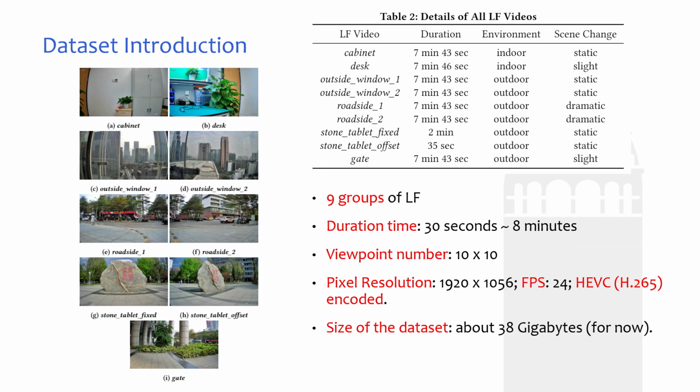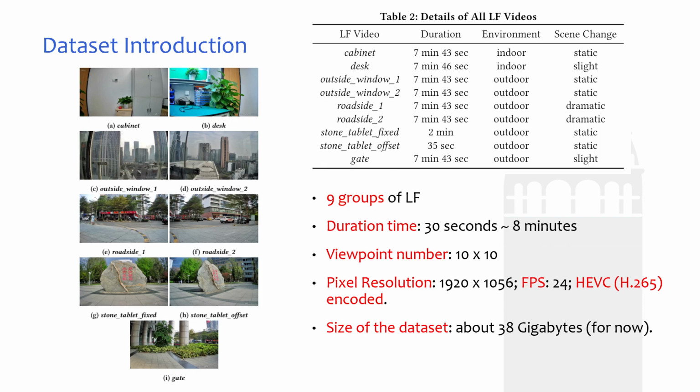The objects in the indoor videos include potted plants, furniture, and scenery outside the window. The objects of the outdoor videos include a stone tablet on the square, pedestrians and vehicles on the road. The shooting time of all LF videos ranges from 30 seconds to 8 minutes, and the audio is removed to reduce size.